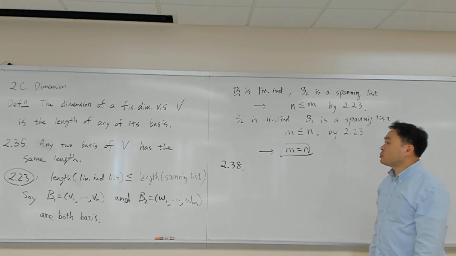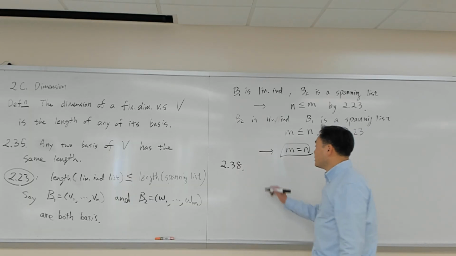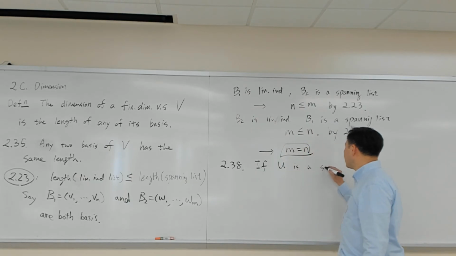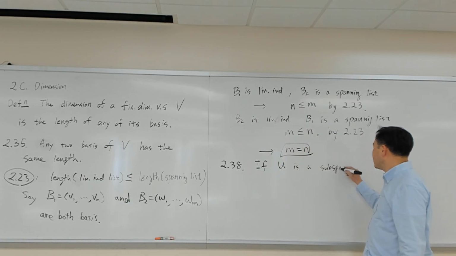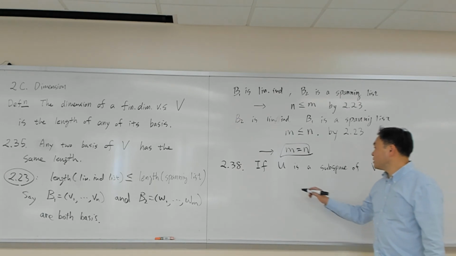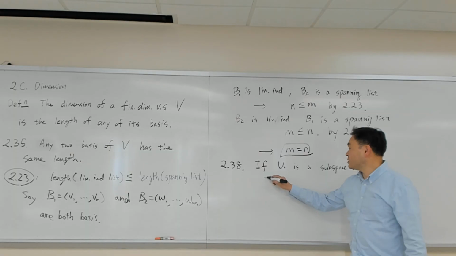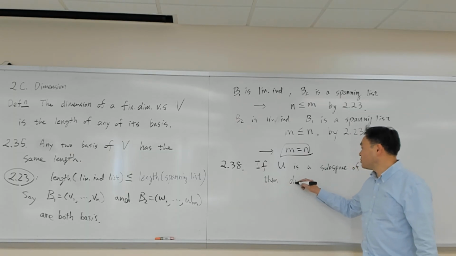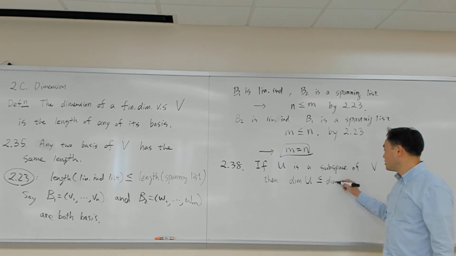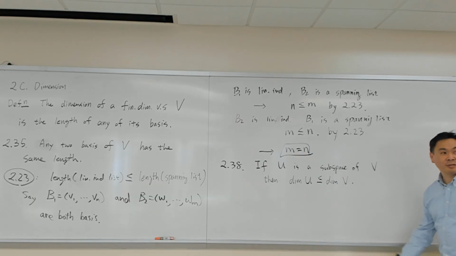Now, 2.38 says if U is a subspace of V, then dimension of U is less than or equal to dimension of V. Okay.